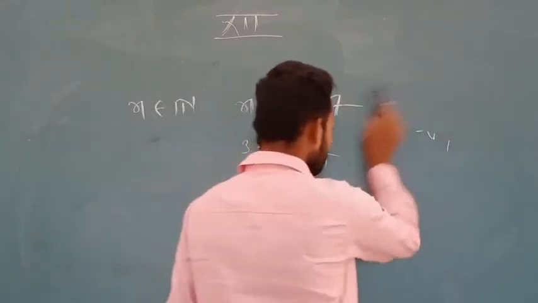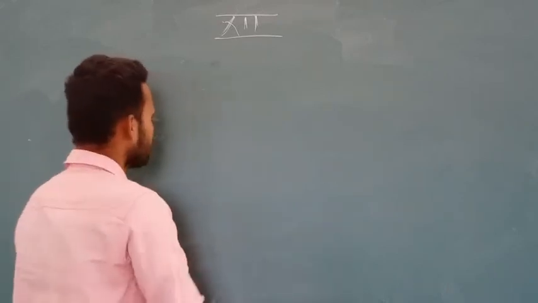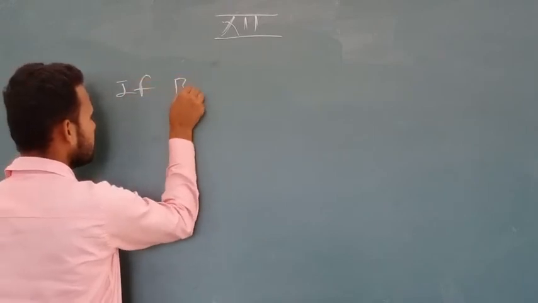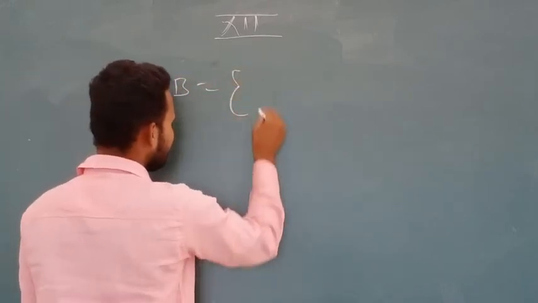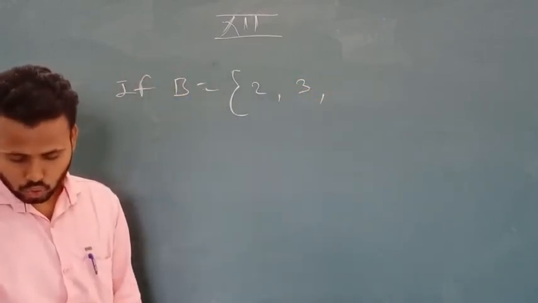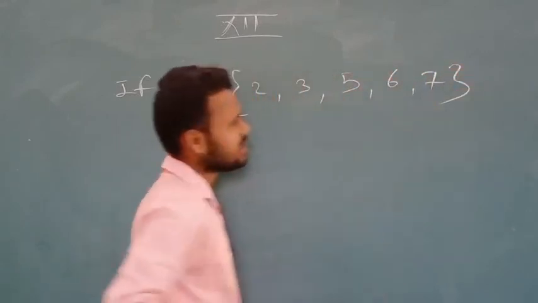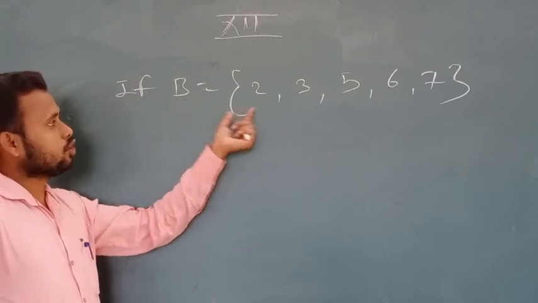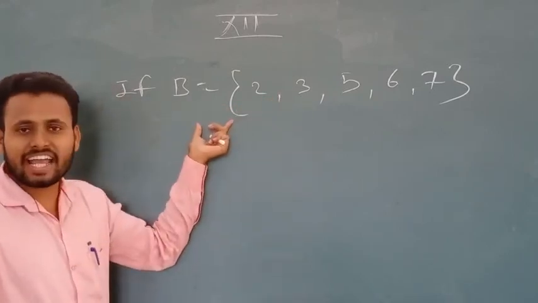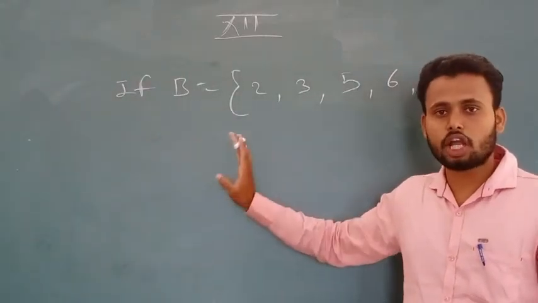Now take the next example from exercise 1.5. If B is the set containing the elements 2, 3, 5, 6 and 7, then find the truth value of the following statement.